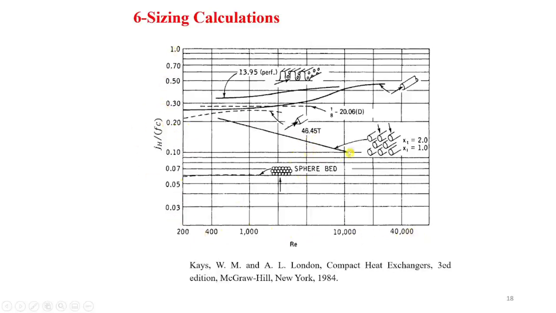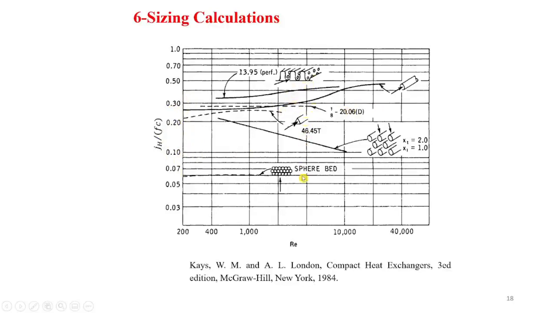For different surfaces, if you know the surface, you can draw this figure for that surface. But since we are just going to assume an approximate value, we can find that JH divided by friction coefficient is around 0.1 or 0.2 to 0.3.